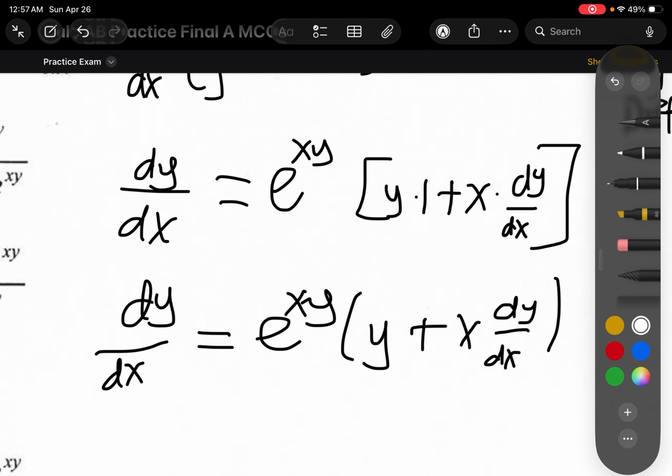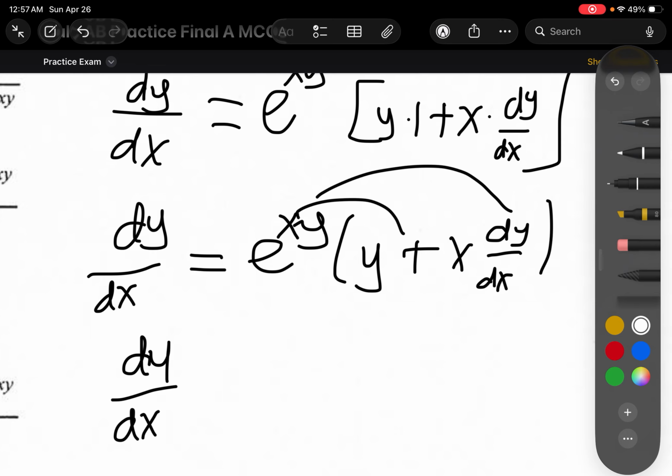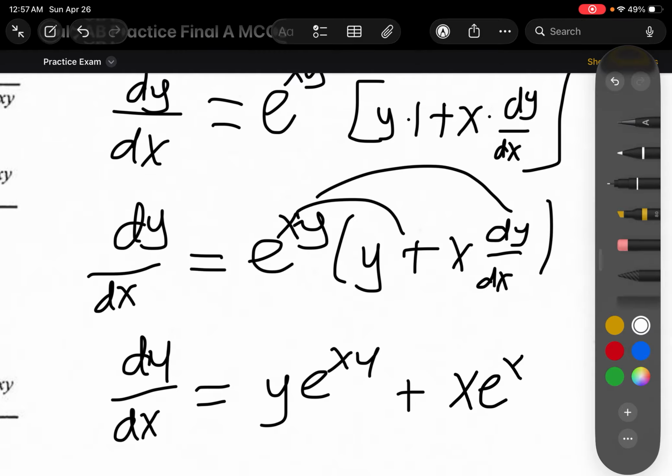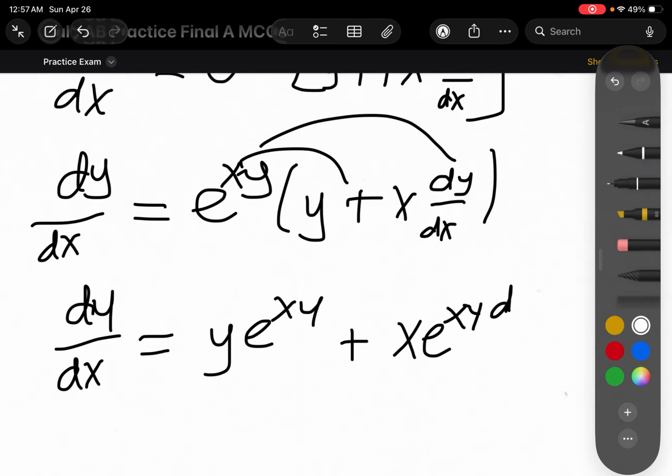And now we're going to FOIL it, which gives us this.